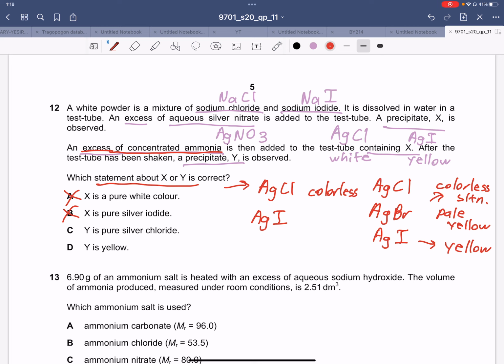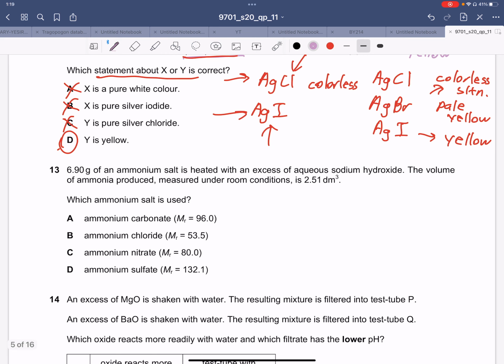Well, that doesn't make sense because the precipitate Y is going to be silver iodide, since the AgCl will have dissolved. So it can't be C. Y is yellow. Since only AgI is left over, and we already know that AgI is a yellow precipitate, that is our correct answer. All right, let's move on.